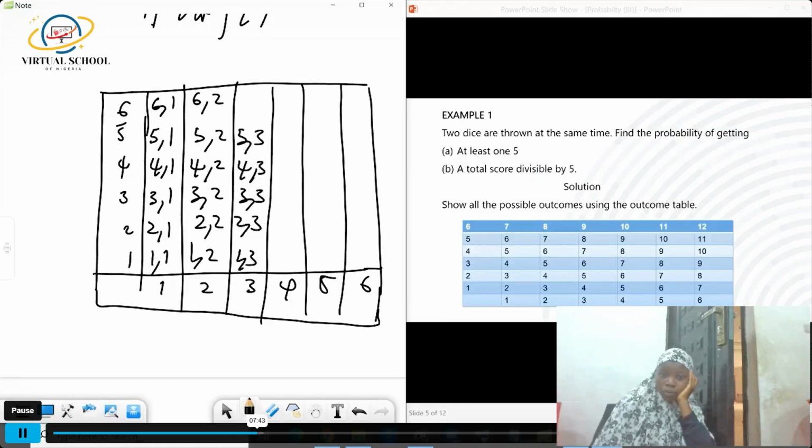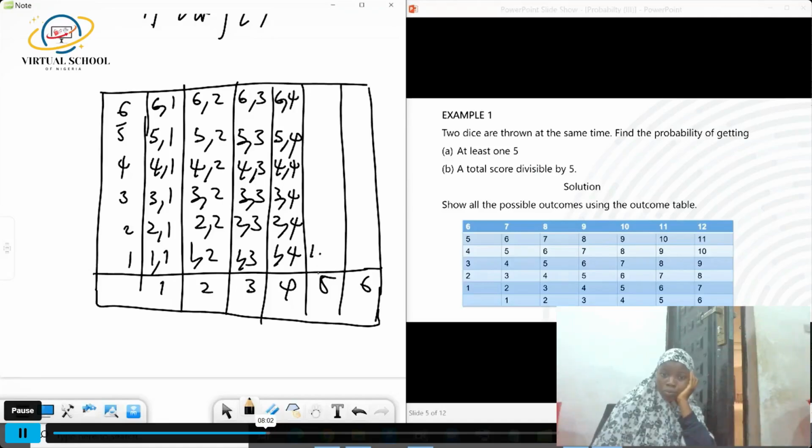5, 3. 6, 3. Then I'm having the next one, that is 1, 4. Then 2, 4. 3, 4. Then 4, 4. 5, 4. 6, 4.